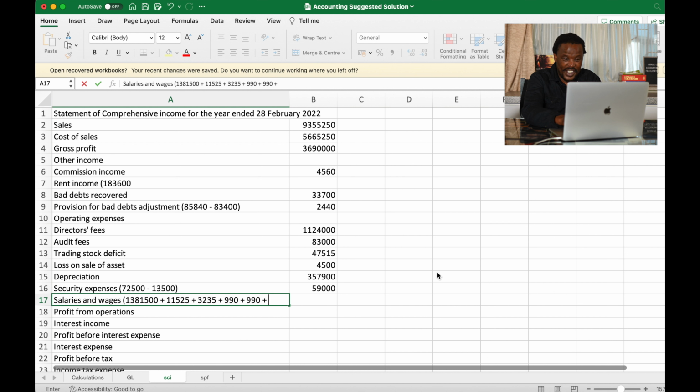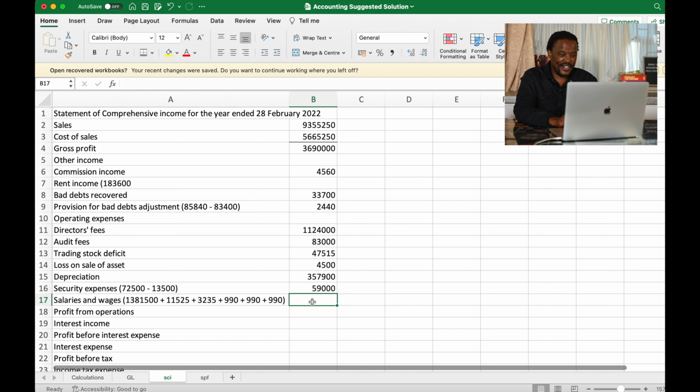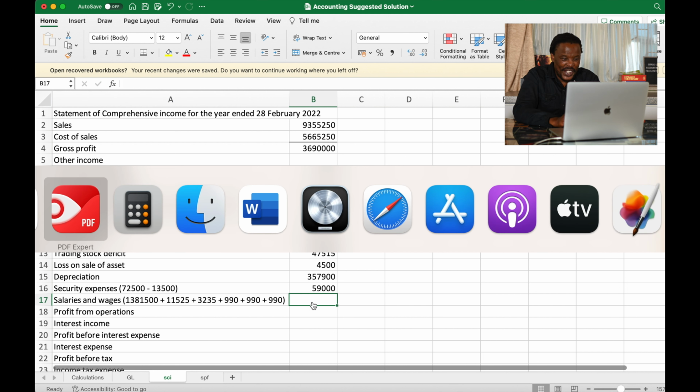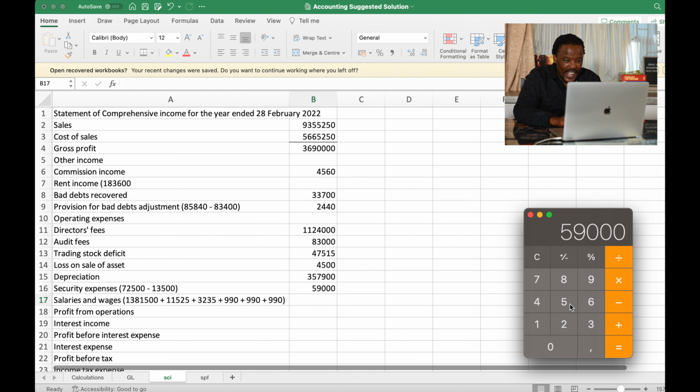My contribution, it's my contribution, but the business contributes 990 plus 990. It contributes twice what I contribute. So this is what it is on salaries and wages, and then you add them together.